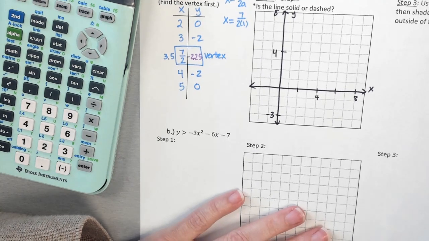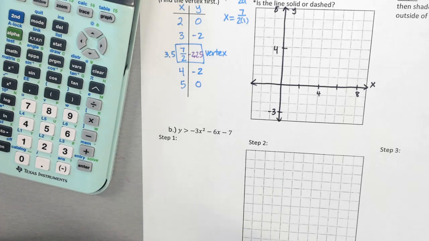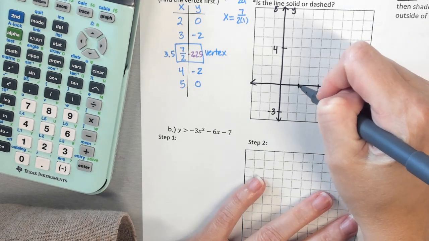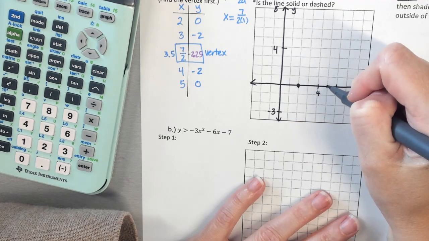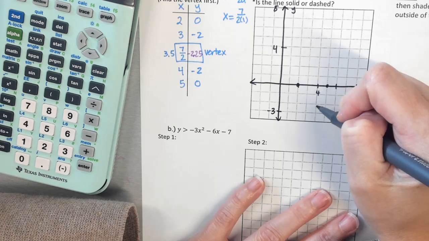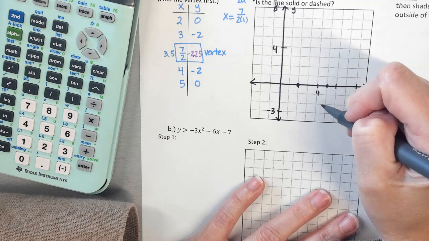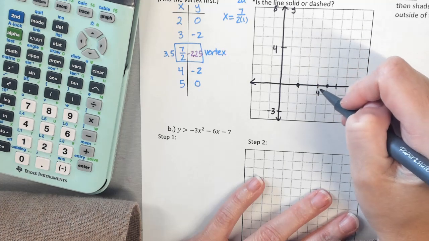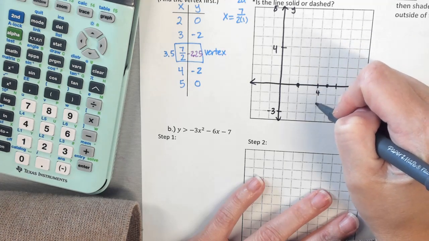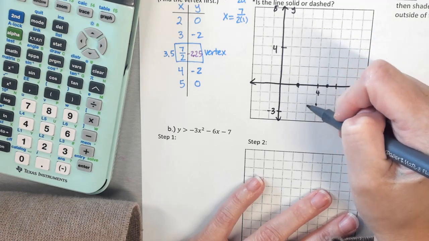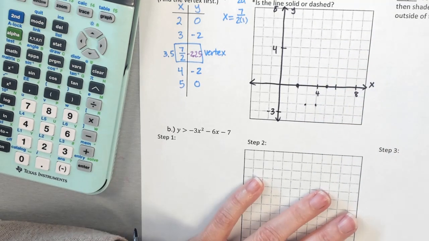Alright, and then we're going to plot our points. So I have 2, 0. I have 5, 0. I have 4, negative 2. I have 3, negative 2.